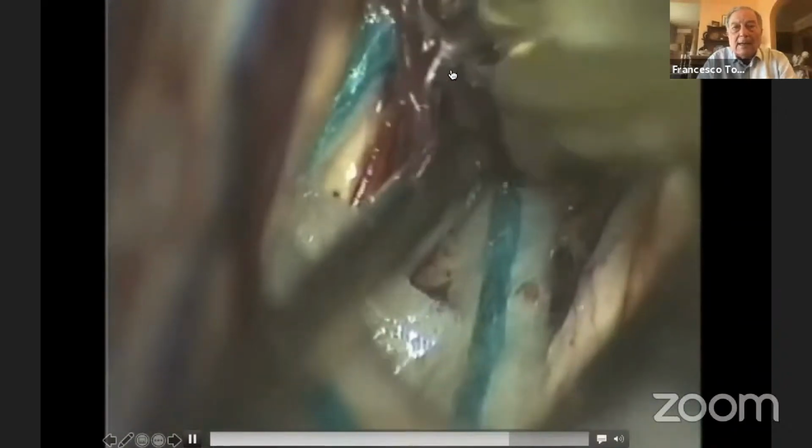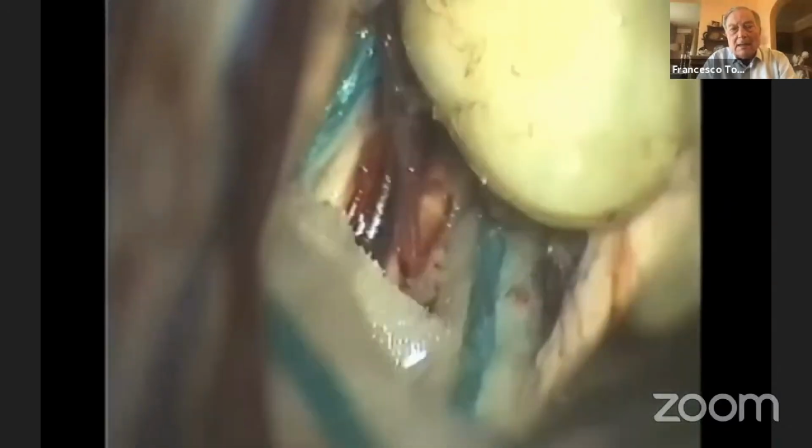But it's more important what I show you, that there is a branch of the posterior choroidal artery here, absolutely adherent to the colloid cyst. So the removal is possible if you divide this branch, preserving, of course, the choroidal artery, and removing en bloc the colloid cyst, which was a solid tumor.